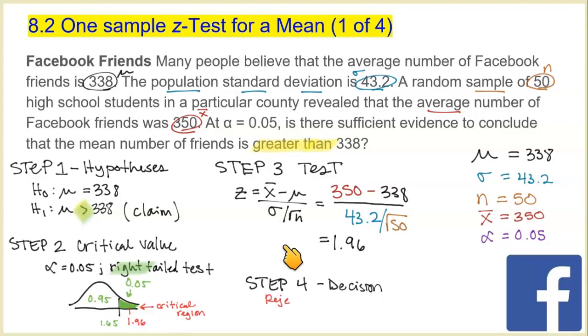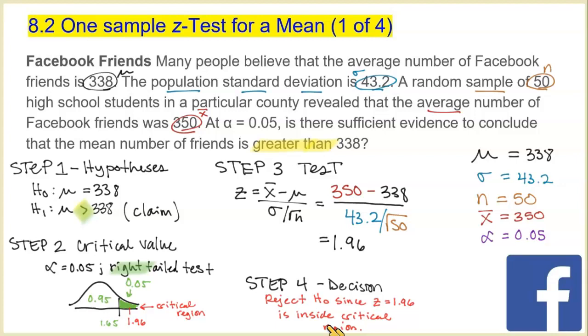If our test value is inside this critical region, or if our test value is inside the rejection region, then our decision is to reject the null hypothesis. So in this case, we would reject the null hypothesis since this particular test value is inside the critical region.